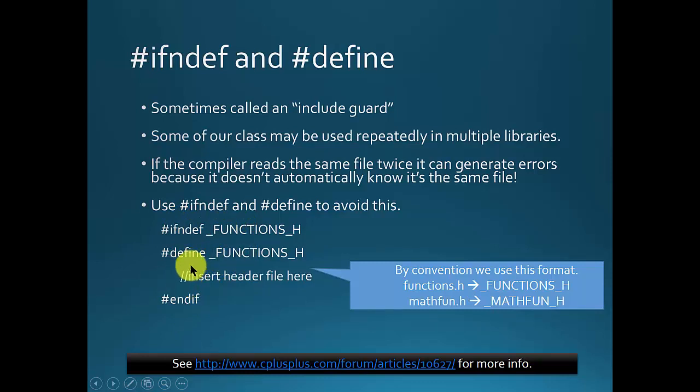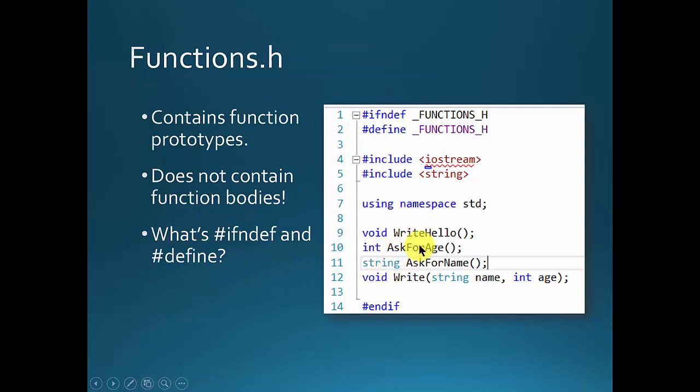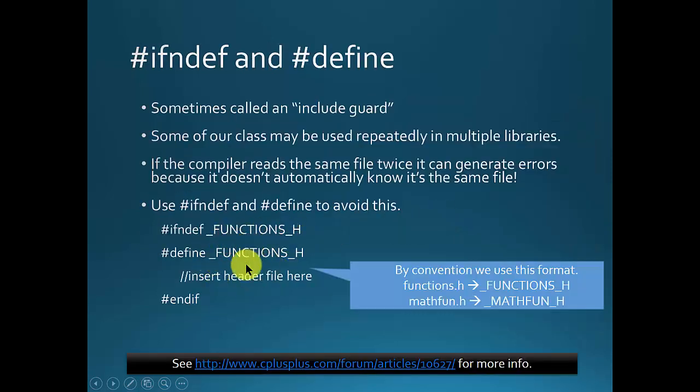But then in addition, all of our code here that we want to use to define our functions. So this include guard is vital that you include it in all of your .h files, and it will keep from defining the function twice.